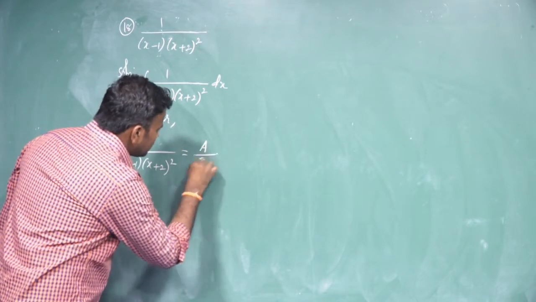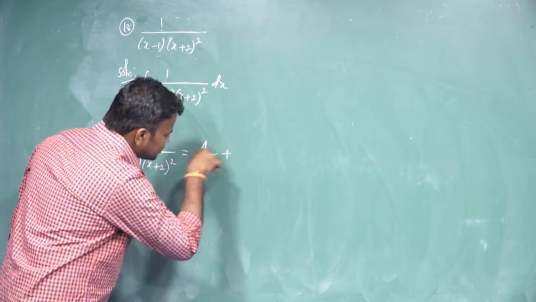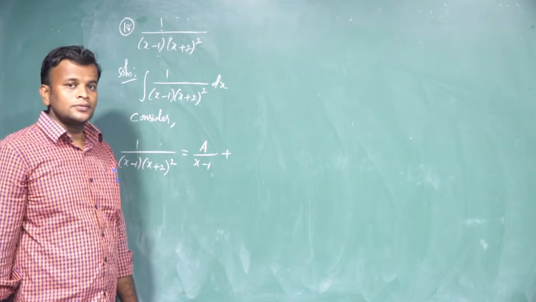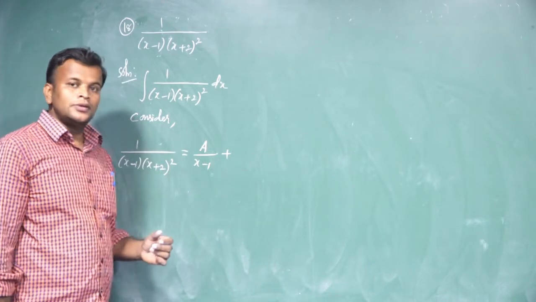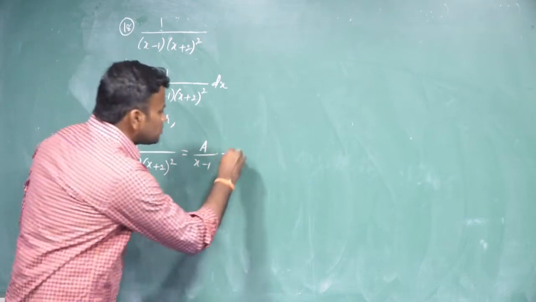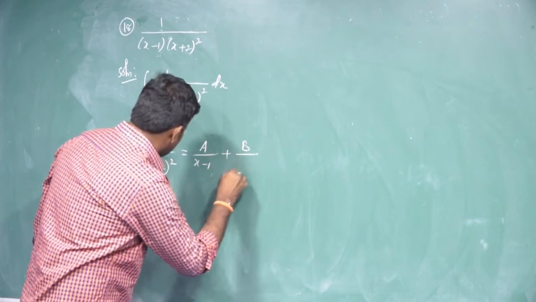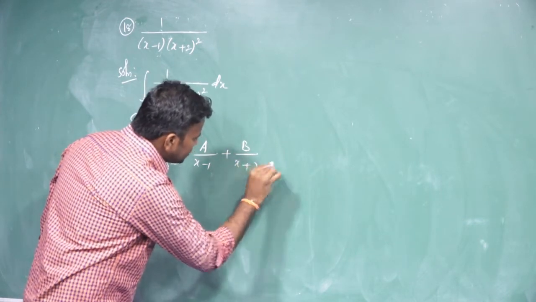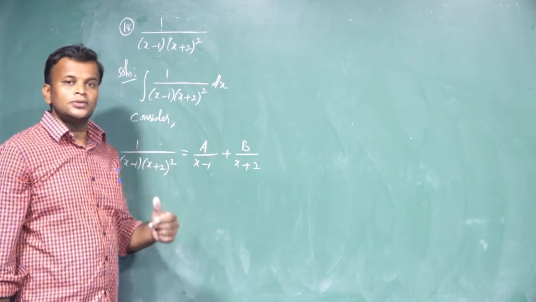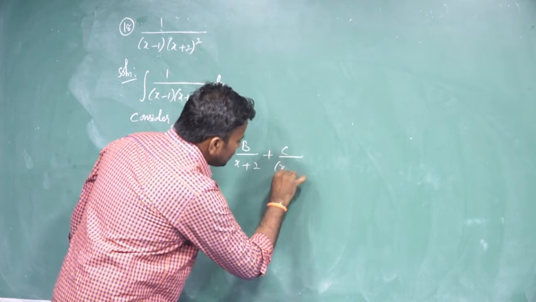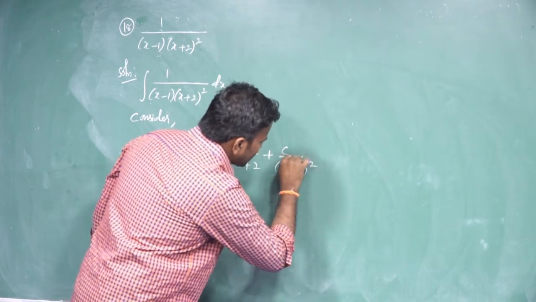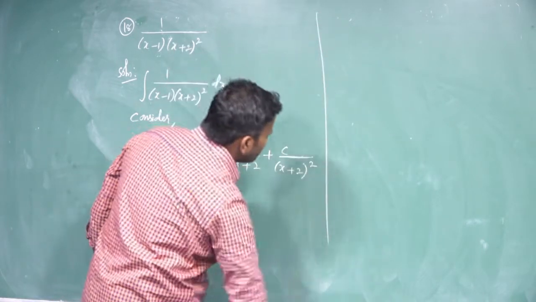So a divided by x minus 1, plus, since it is a repeated factor, square is there. What is the working rule? Plus b divided by, we write first of all the denominator, x plus 2. Again plus c divided by x plus 2 the whole square.